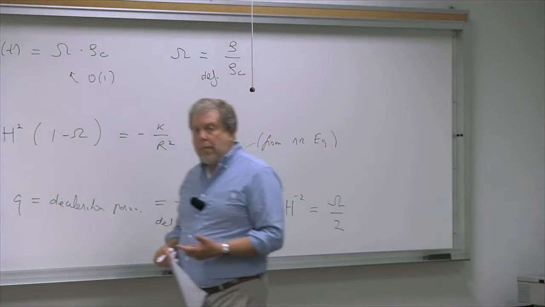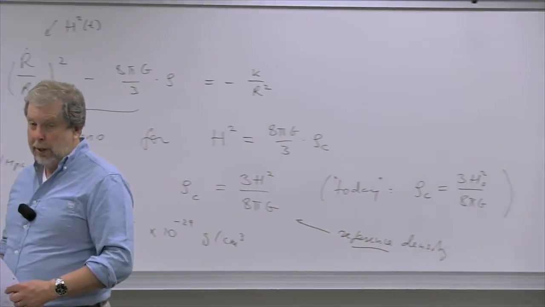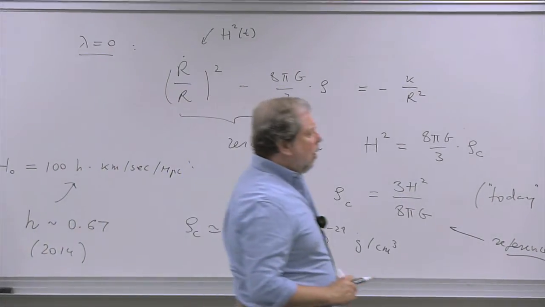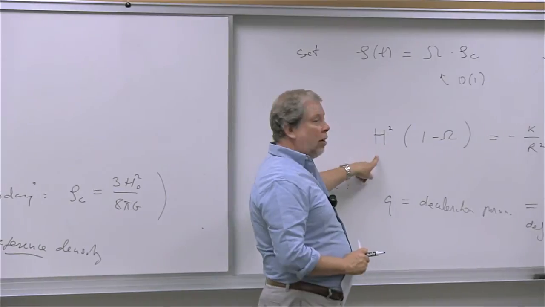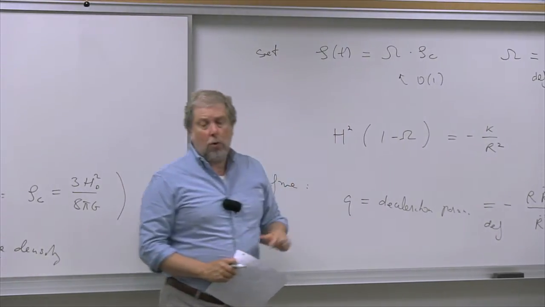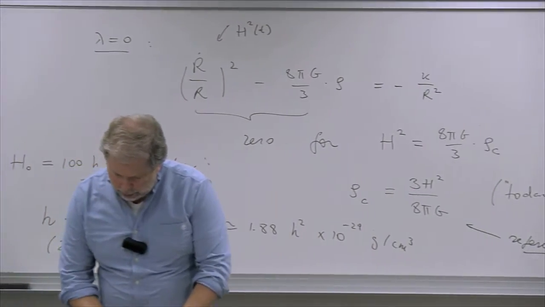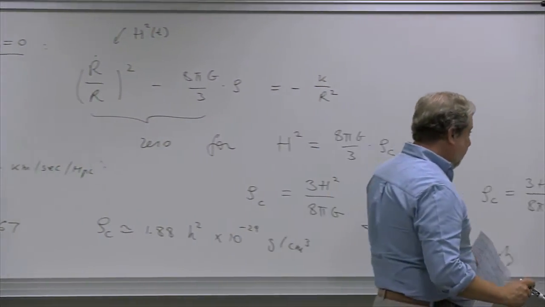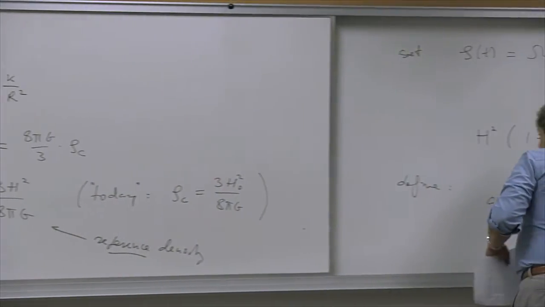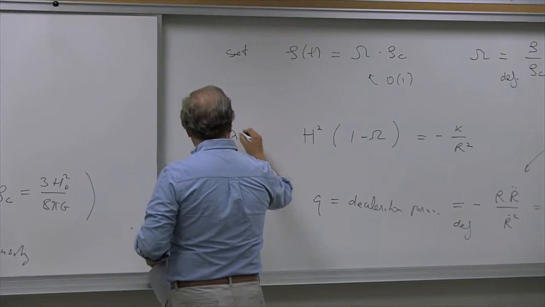But of course, again, we're measuring at today, at t equal to t naught. And furthermore, this equation only applies to when you have just one type of matter, which is ordinary non-relativistic matter. So what we want to analyze is the more general case where we have, say, so this was also lambda equal to 0.